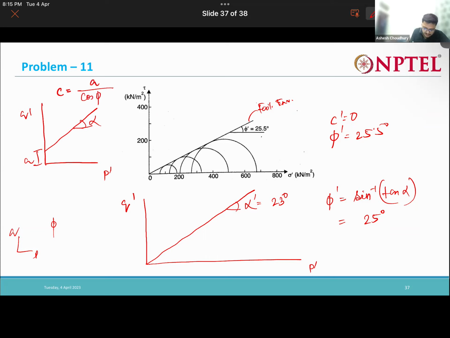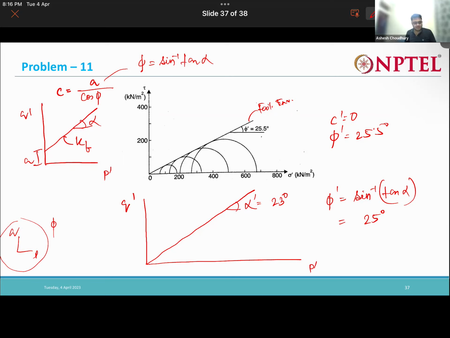First you determine phi is equal to sine inverse tan alpha, and then after determining phi, determine C is equal to A by cos phi. A is nothing but the intercept made by the Kf line in the P dash Q dash space. Similarly, you can find the total stress parameters also by plotting in the PQ space.